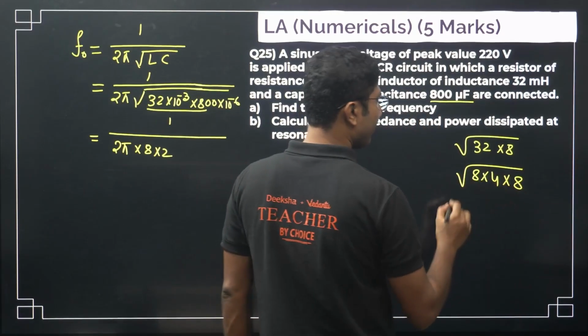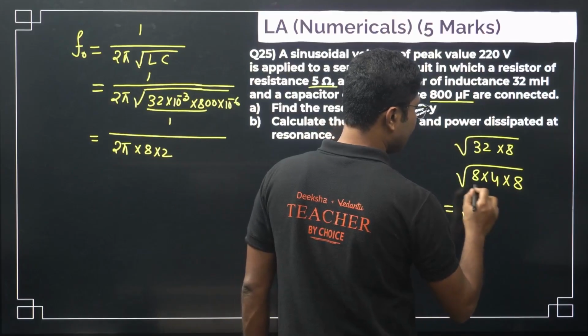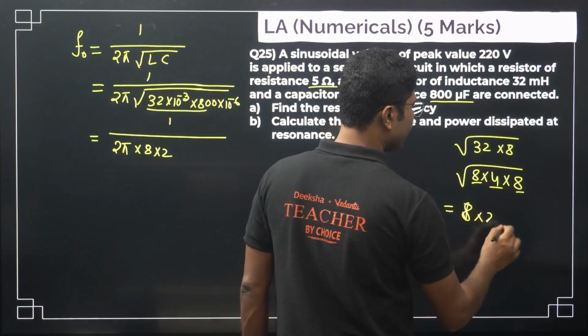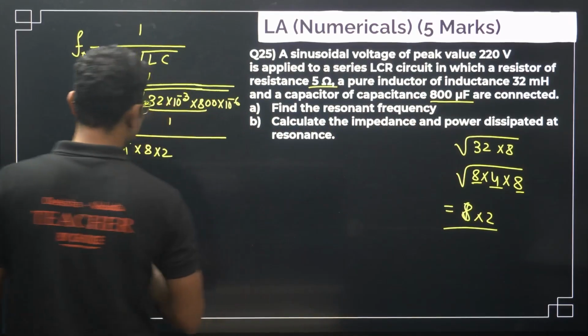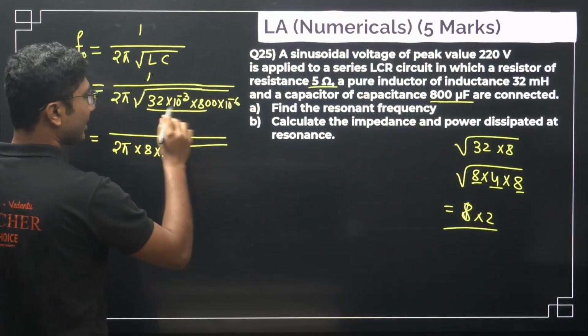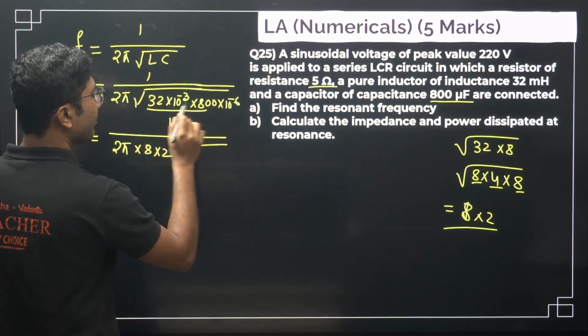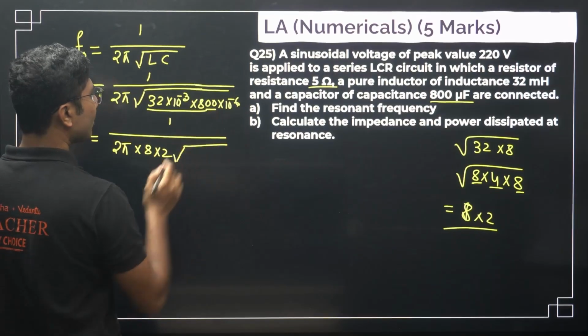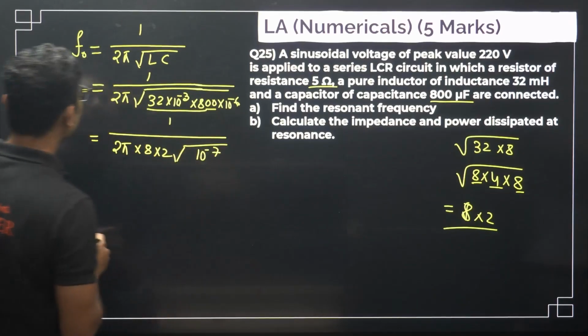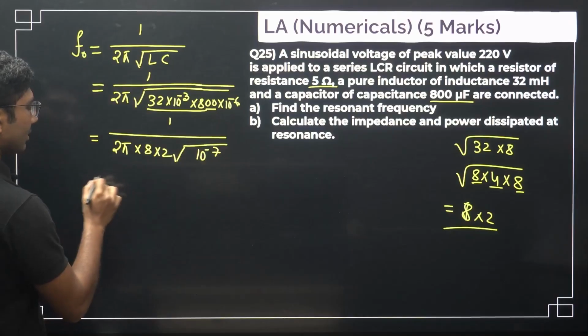So the square root of that will be 8 coming out, and square root of 4 is 2, so 16. So this 16 is coming out of the square root. Now whatever is left inside will be 10 to the power of minus 9 plus 2, that is 10 to the power of minus 7. So this will be the resonance frequency.